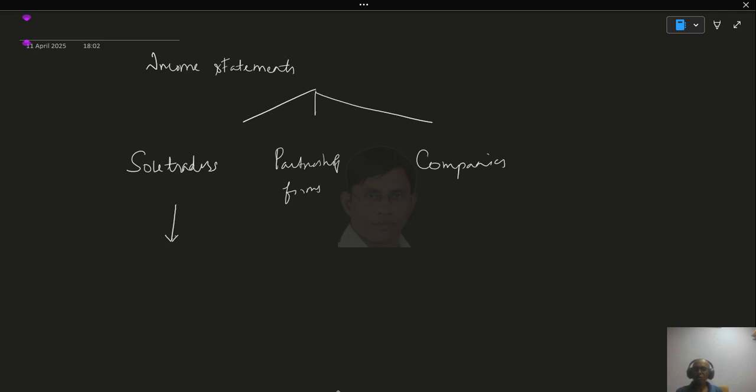Again, there are two types of sole traders. One type is involved in trading, the other is involved in services.